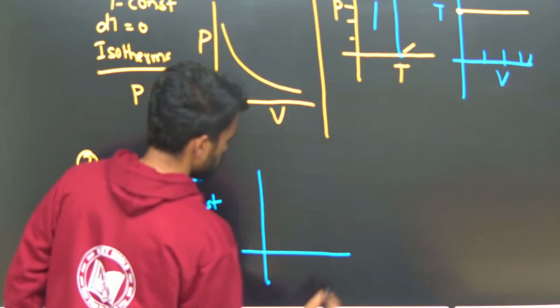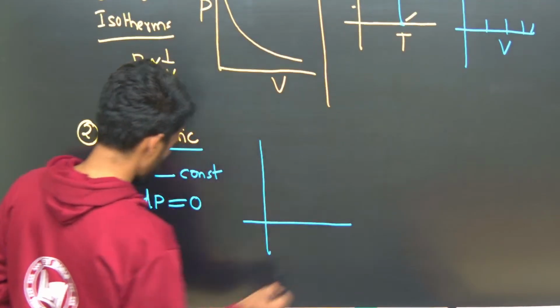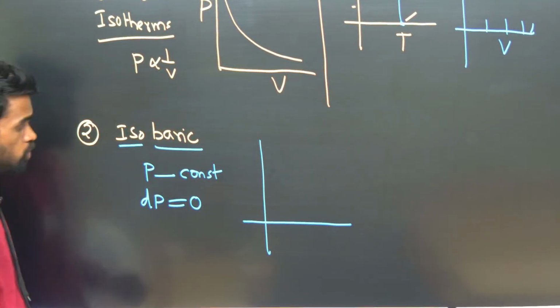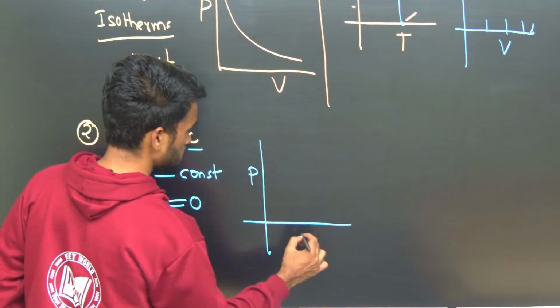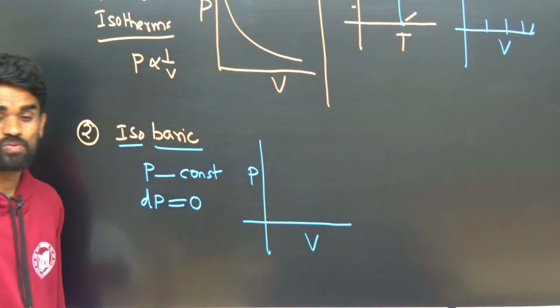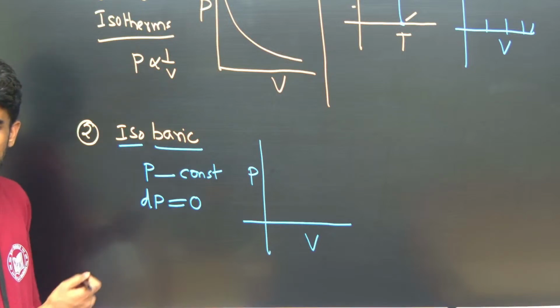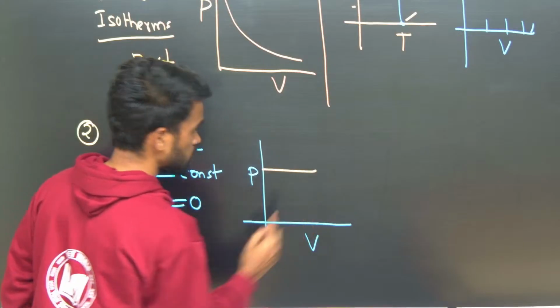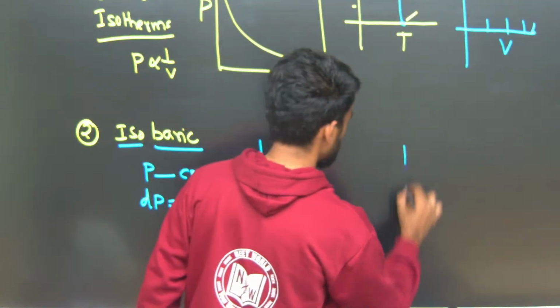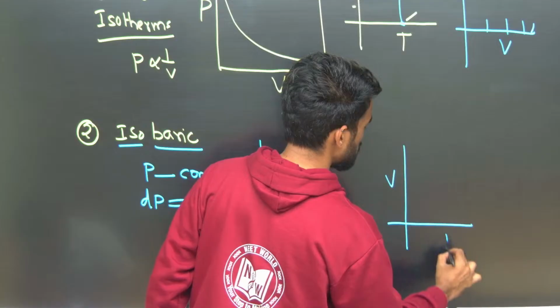The graphs drawn at constant pressure are called isobars. So P versus V if I want to draw, what is constant here? Pressure. So how can I draw the line? Like this.